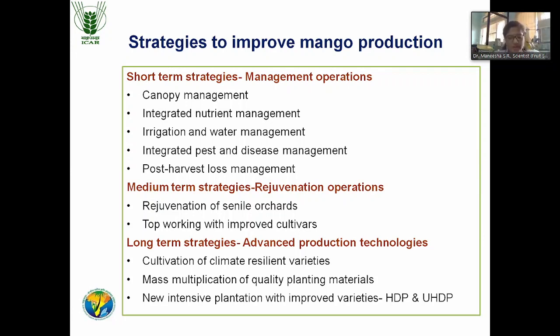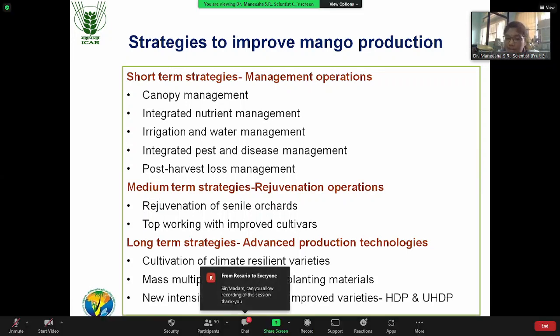Coming to the long-term strategies, we need to adopt advanced production technologies. In fact, this is the right time to adopt advanced production strategies in mango, so that after the next 5 or 6 years, we can expect a good yield. Right from the starting, selection of varieties, we need to take advanced production technologies: climate resilient varieties, regular bearing varieties.